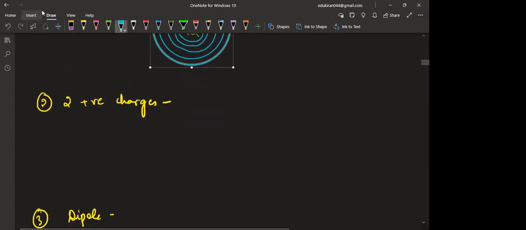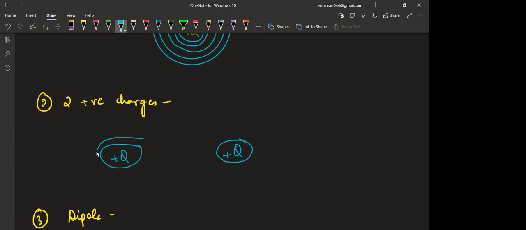Next, if you have two positive charges, plus Q and plus Q are given, so two positive charges mean same sign. In this case, how do you draw? You will be drawing concentric spheres only. Suppose this is the first one, this is the second one.